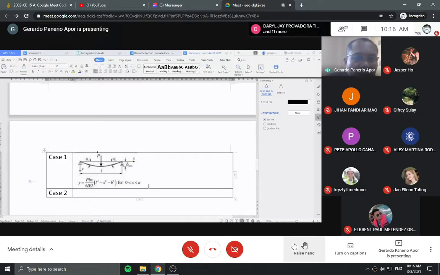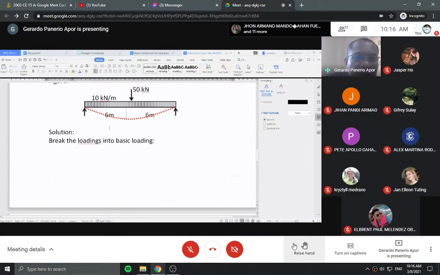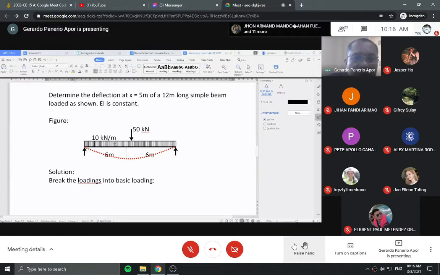But you know that it's not only the concentrated load that is acting on your problem. There is also a uniformly distributed load.